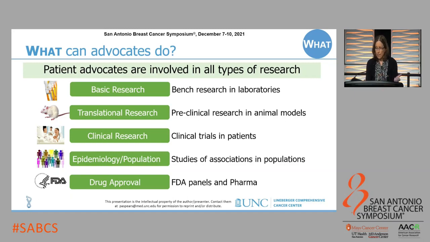So what can patient advocates do? Well, I'll speak more on clinical, but we're involved in all different aspects of research, from basic translational, clinical, epidemiology, population studies, and drug approval.